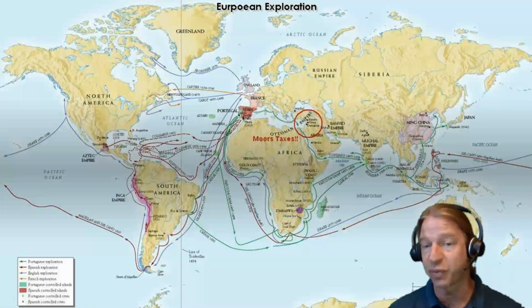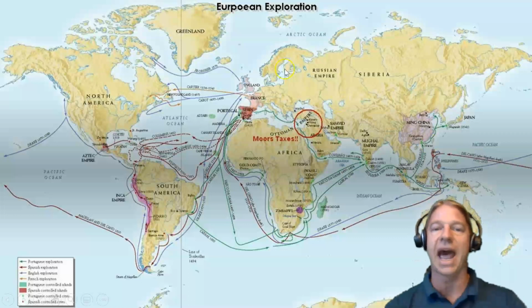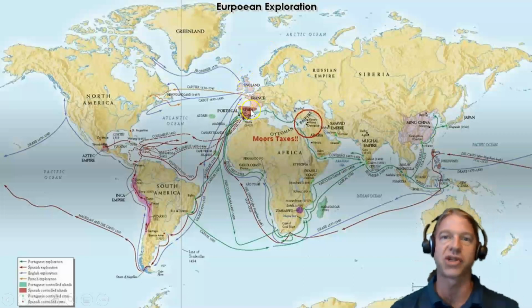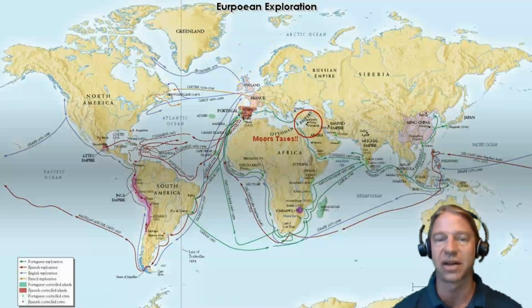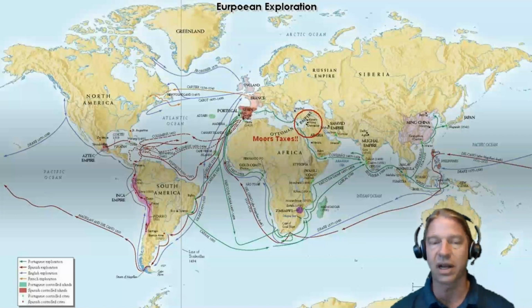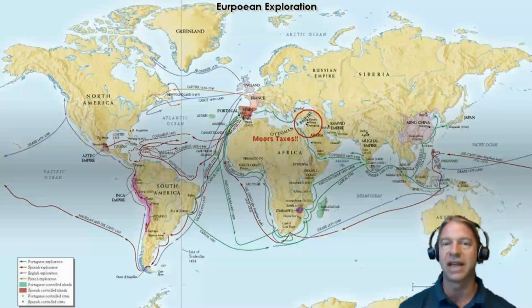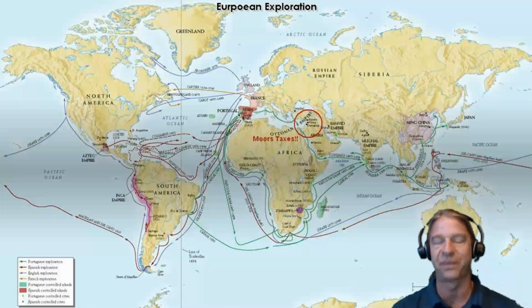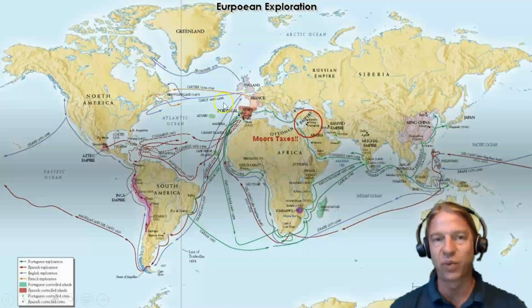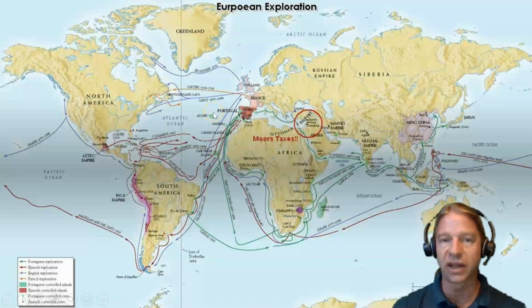So there were other explorations, but we are going to particularly be looking at European exploration beginning in the 1400s and really the process of conquest in the Americas, of colonization in the Americas, and the creation of an interconnected global world system. This map is really demonstrating this for you.